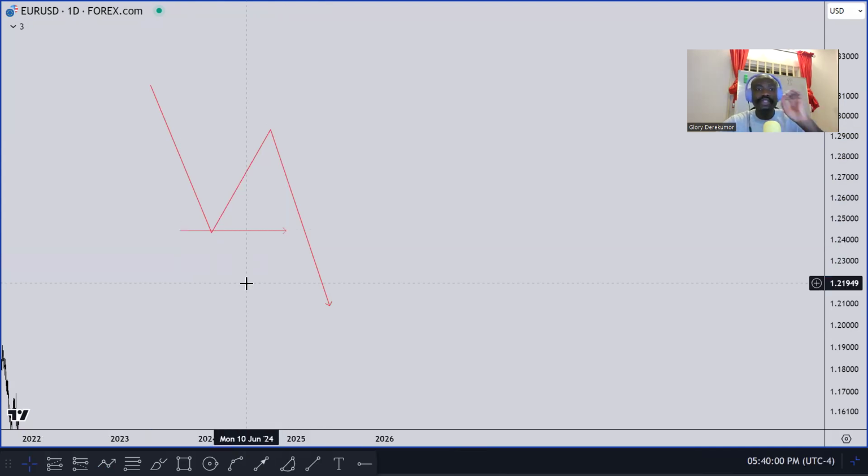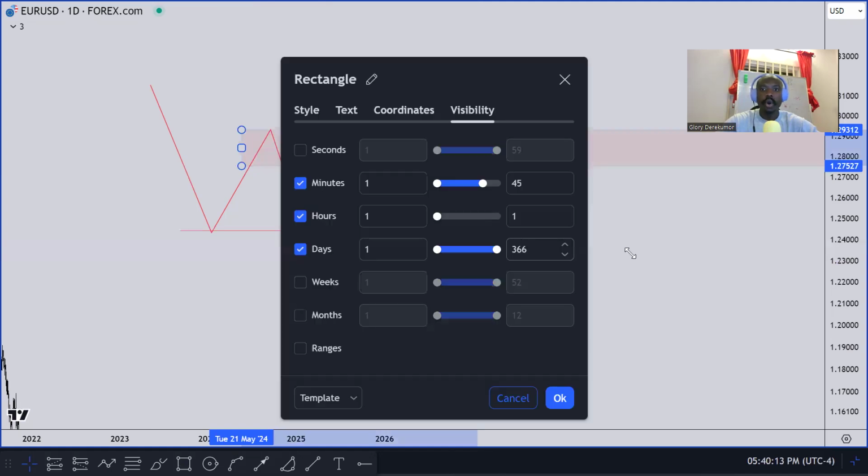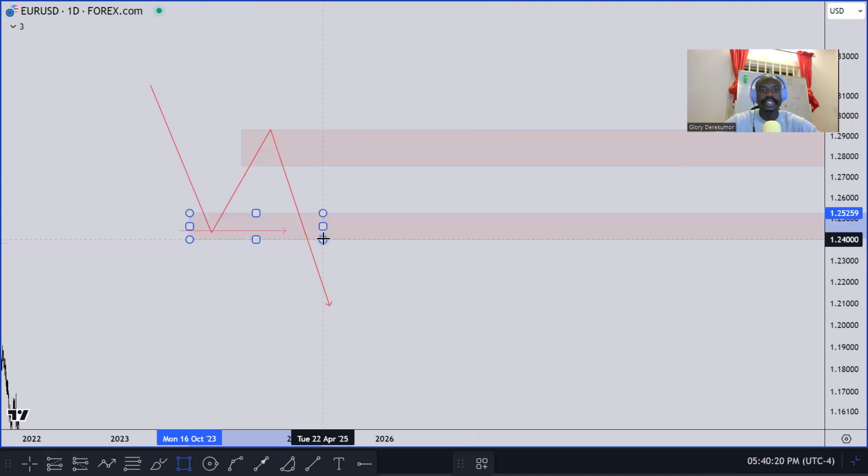Now, in a downtrend, once structure is broken to the downside, right, the possibilities that exist in this market is the market can either come to the origin of the break of structure, or is going to use the previous level of structure it just broke as some form of resistance, okay?